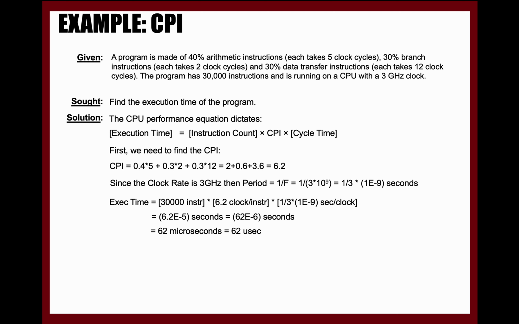Solution: the general formula to determine CPU performance is execution time equals instruction count times CPI times cycle time. First, let's compute the CPI using the given proportions and the clock cycles. CPI equals 0.4 times 5 plus 0.3 times 2 plus 0.3 times 12, which equals 2 plus 0.6 plus 3.6, which is a CPI of 6.2.